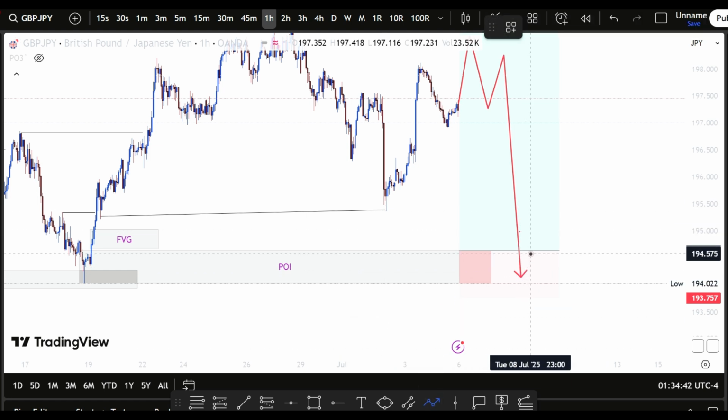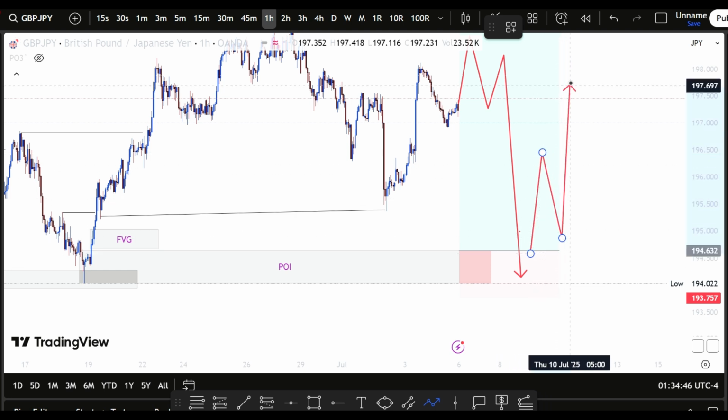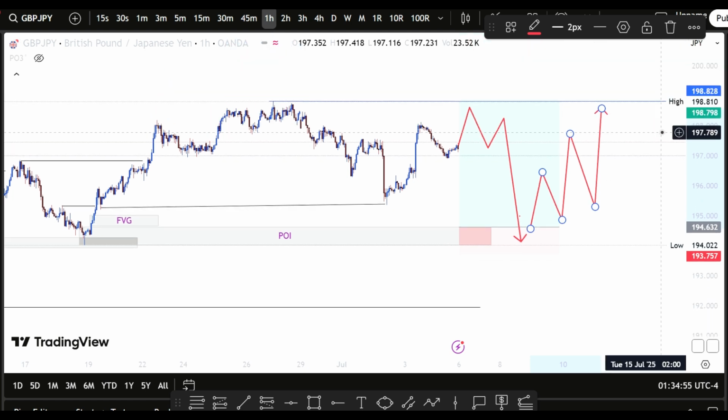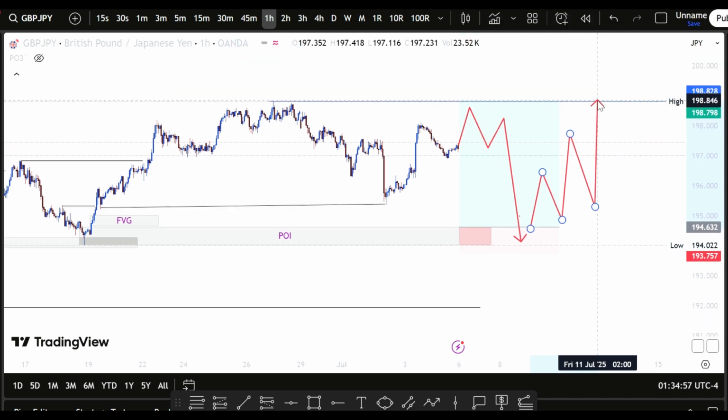Sorry, let me get this here. Want to see price move up here quickly to this high. So this is what I'm expecting price to do.